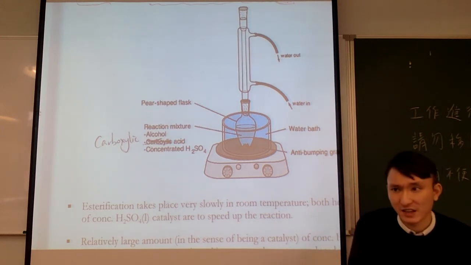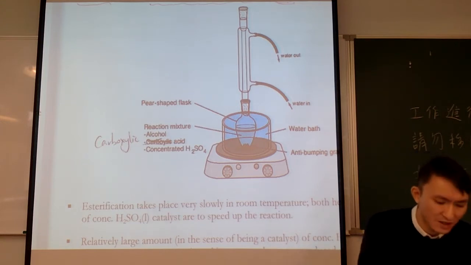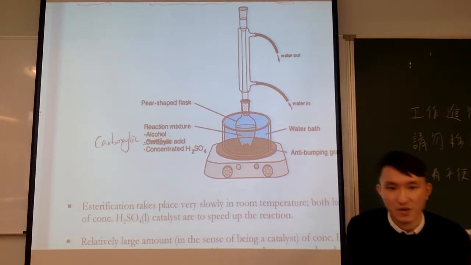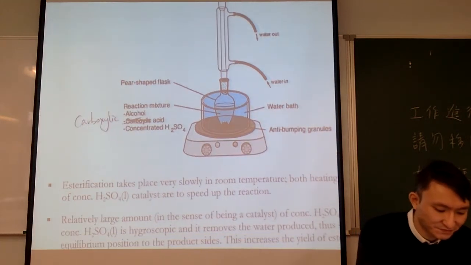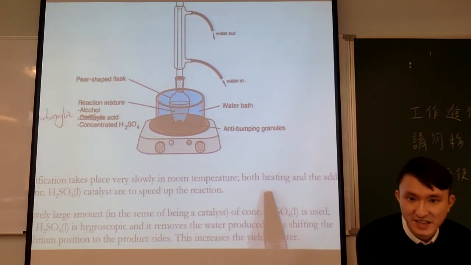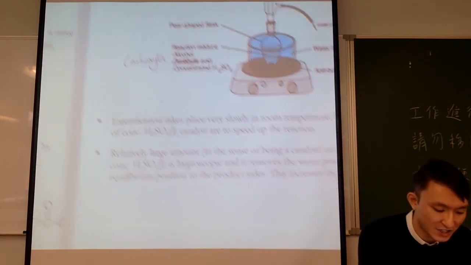Plus, with a naked flame the heating is not as even as a water bath or an oil bath. So here, heating and adding the sulfuric acid catalyst can speed up the reaction.